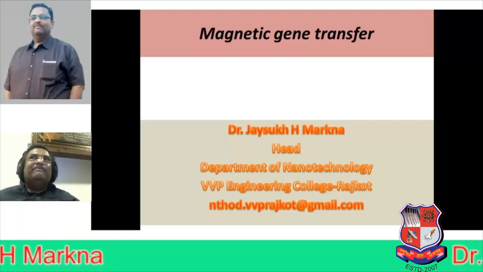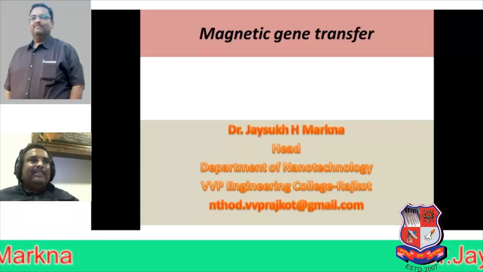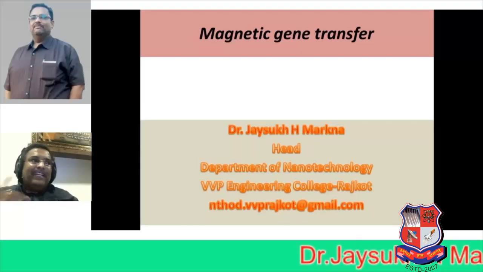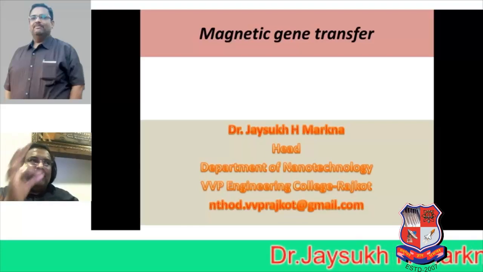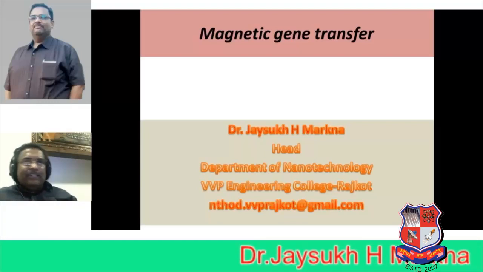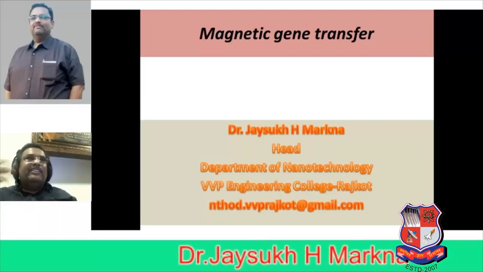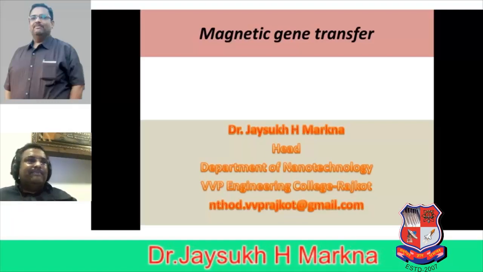For example, gene transfer may help treat type 1 diabetes, and that is due to what? Due to failure of the pancreas to produce enough insulin. So that is one kind of disease. How to treat it with gene transfer?